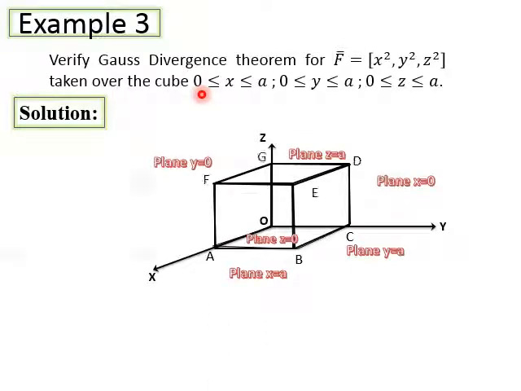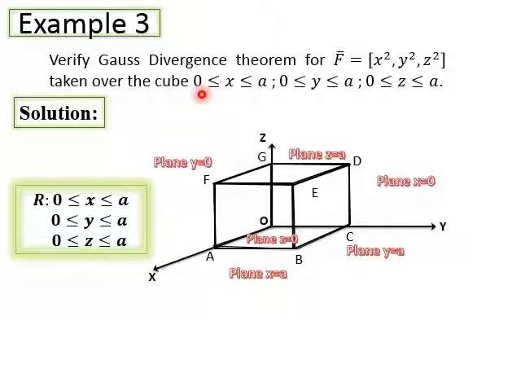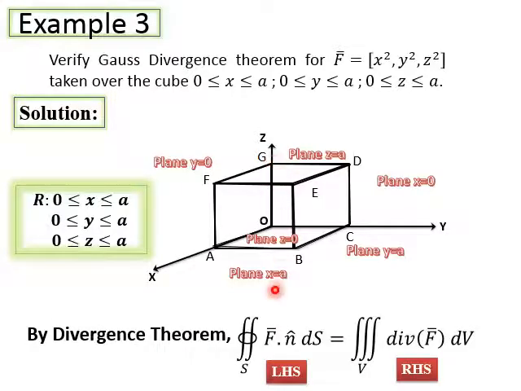This is a closed surface S, whose region of integration is 0 less than or equal to x less than or equal to a, 0 less than or equal to y less than or equal to a, 0 less than or equal to z less than or equal to a. By divergence theorem, double integral over closed surface S f bar dot n cap ds is equal to the triple integral over the volume enclosed by the cube of divergence of f bar dV.